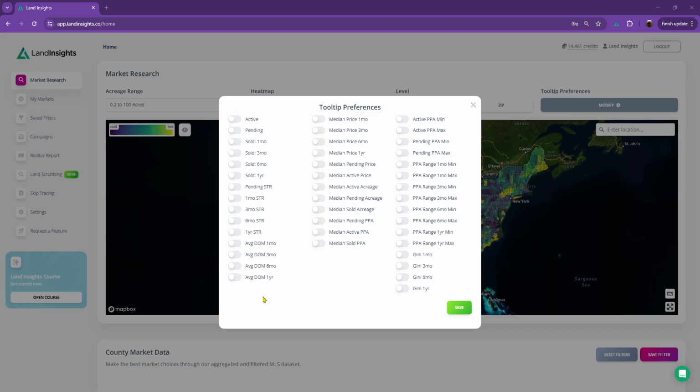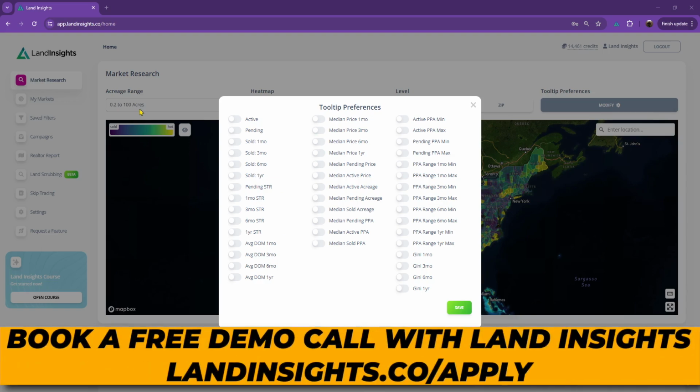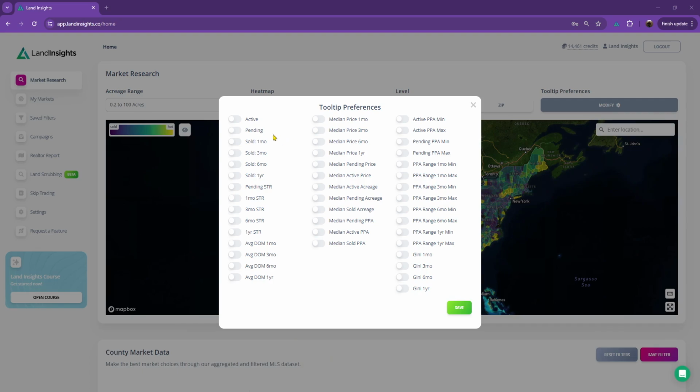So think county-wide, maybe zip code-wide analysis when we're looking at 0.2 to 100 acres. It's useful to see all of this. Now, we can also use this on other larger acreage ranges like 5 to 100 or maybe 5 to 10,000 acres as well. But as we drill down into certain markets, whether that's a county or zip code, we can still use these. So that's the benefit of using these data points in the first column.